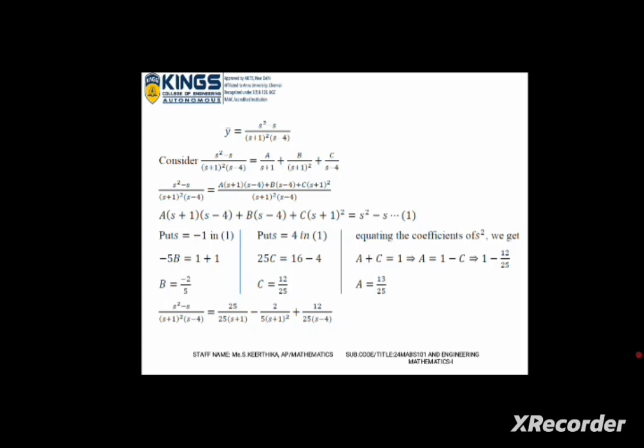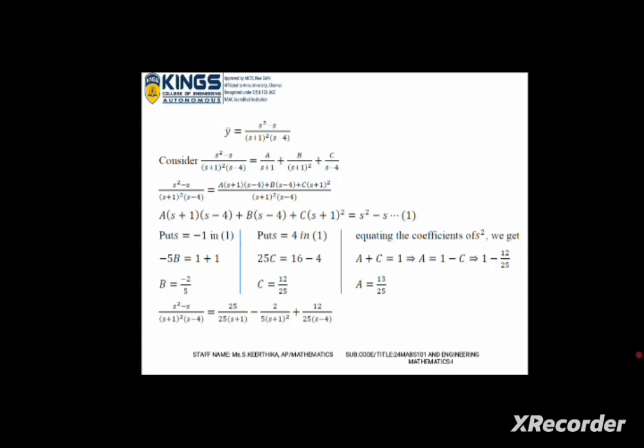Now on both sides the denominator should be cancelled. Then the numerator, which is A into s plus 1 into s minus 4 plus B into s minus 4 plus C into s plus 1 the whole squared, equals s squared minus s. Now we have to solve these equations to get the values of A, B, C. For that we put some values for s.